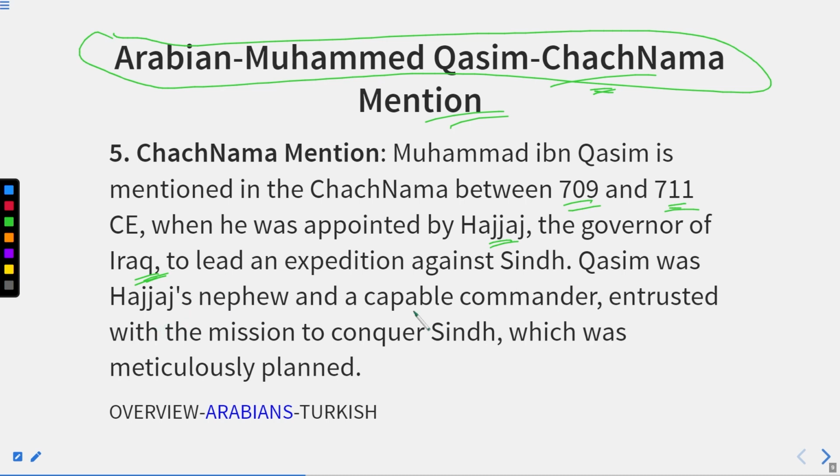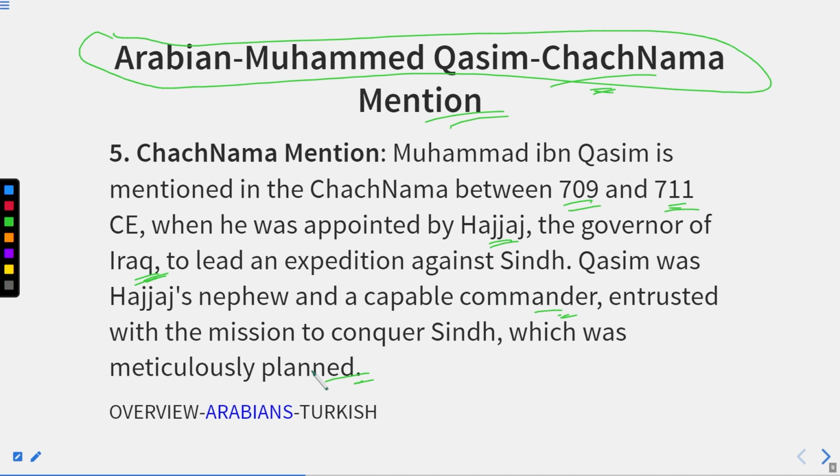Okay, Qasim was Hajjaj's nephew and a capable commander, and started the mission to conquer Sindh, which was meticulously planned. So remember, Muhammad bin Qasim was only 17 years old. He was a nephew of Al-Hajjaj ibn Yusuf, who was the governor of Iraq, you can say. He appointed Qasim to conquer Sindh for the sake of wealth.